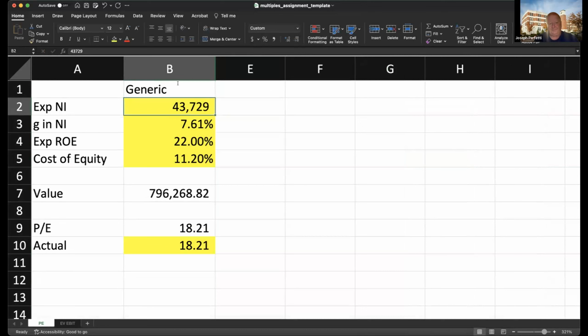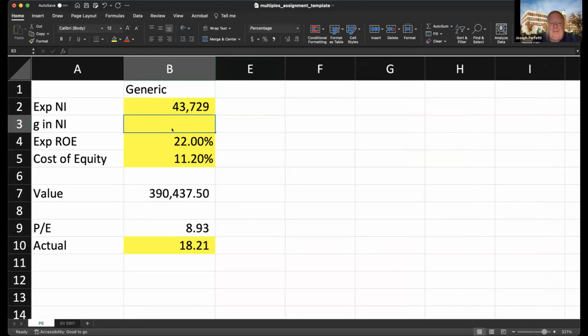All right. So a few scenarios are going to come up with multiples. Here's what we've done as a process when we look at multiples, and I'm going to use the PE as an example.